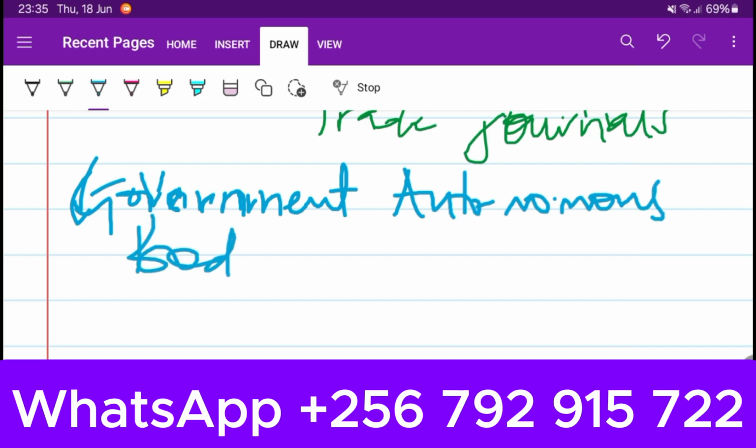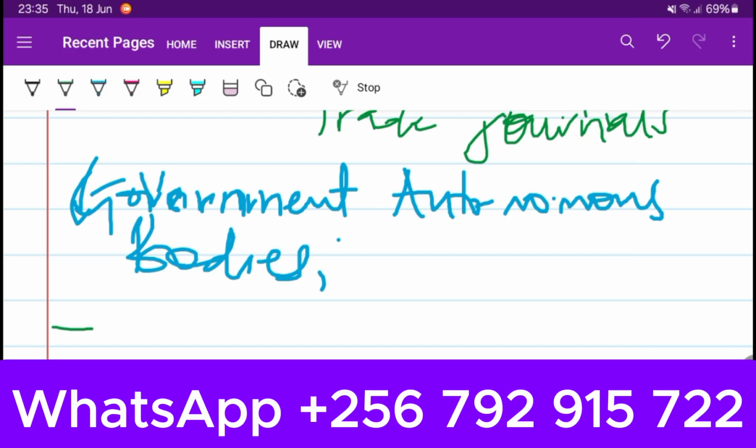Of course, for these government autonomous bodies, what are they? These are like authorities, different government parastatals or entities.